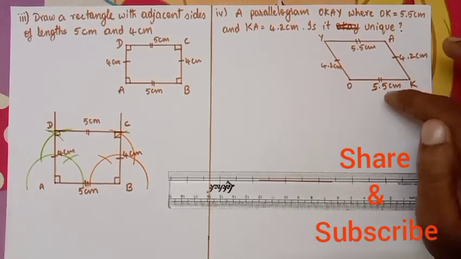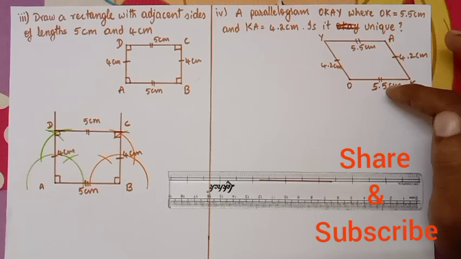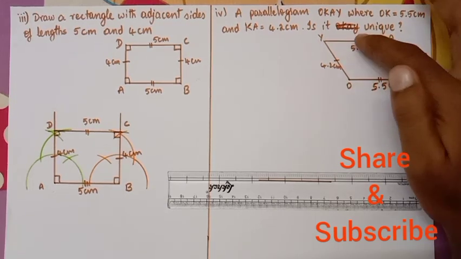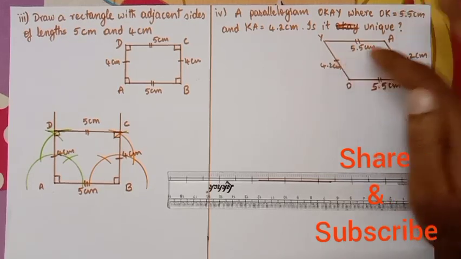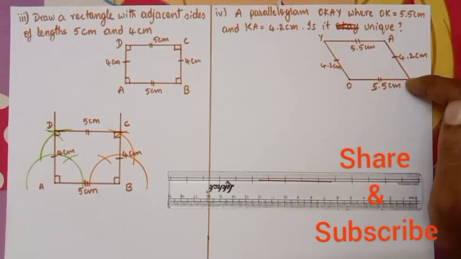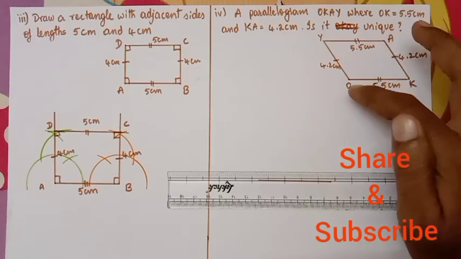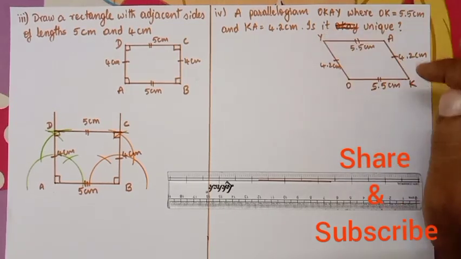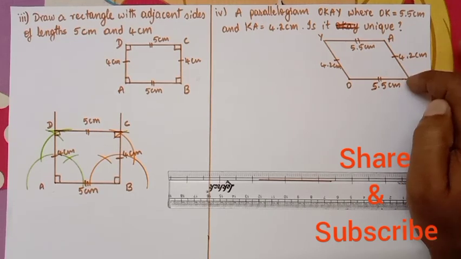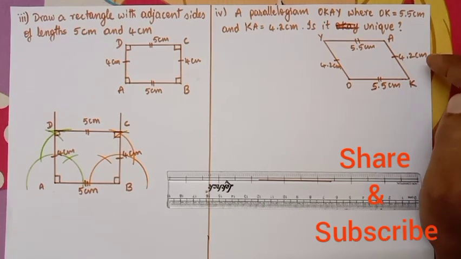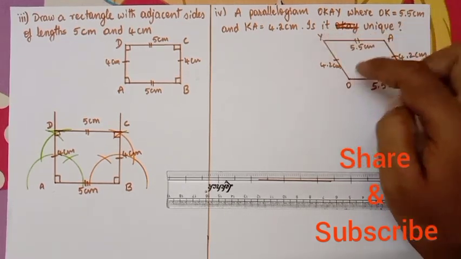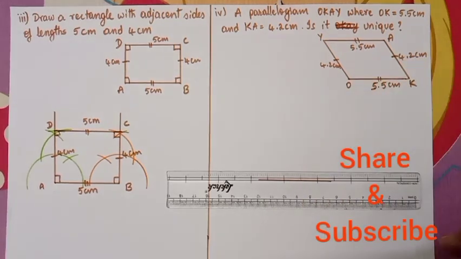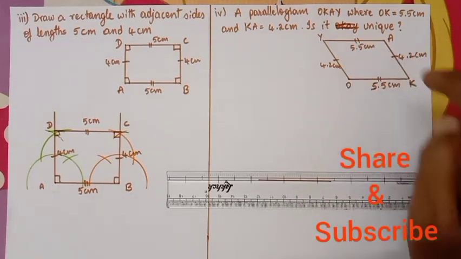In a parallelogram we know the properties: opposite sides are equal and even opposite angles are equal. O angle will be equal to A angle and K angle will be equal to Y angle. And since KA is equal to 4.2 centimeter, YO will be equal to 4.2 centimeter, as the opposite sides are equal.